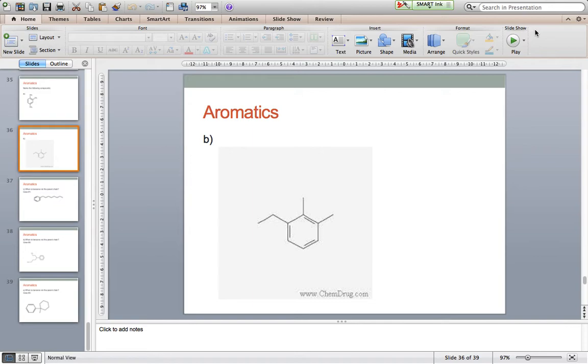So this branch here is an ethyl group. These other 2 branches are methyl groups. I am going to give alphabetical preference to that one. Call it number 1 and number those other 2 accordingly. Okay? So my parent here, as I said, is benzene.